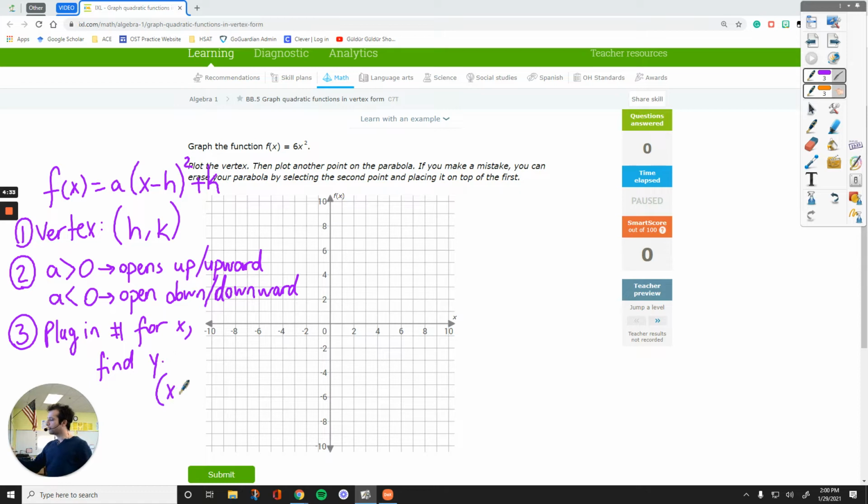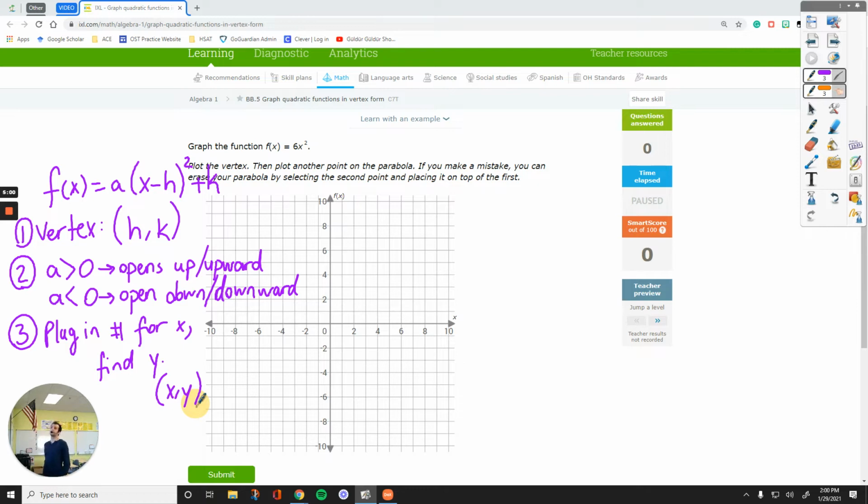Those x and y values are going to be your second point on the graph. When you plot these two, the vertex and that second point, you're going to have your graph on IXL. Let's see: plot the vertex, then plot another point on the parabola. If you make a mistake, you can erase your parabola by selecting the second point and placing it on top of the first. Okay, we'll figure out what that does.